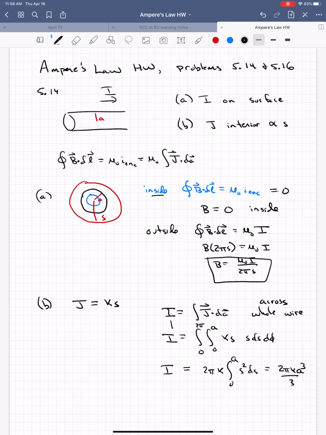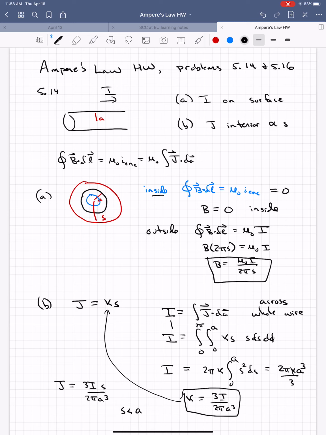And what I'm going to do is I'm going to solve that for the K. So K apparently is 3I over 2 pi A cubed. So that's my constant K, and that's the constant I'm going to put in here. So my current density is 3IS over 2 pi A cubed when S is less than A.